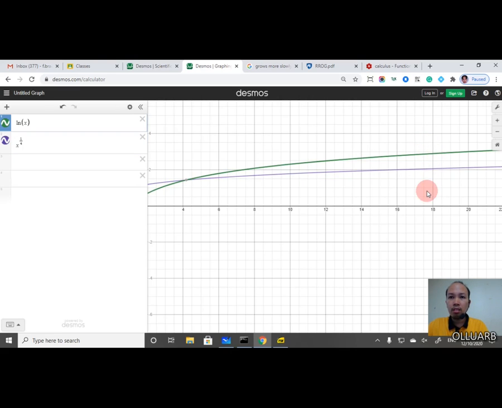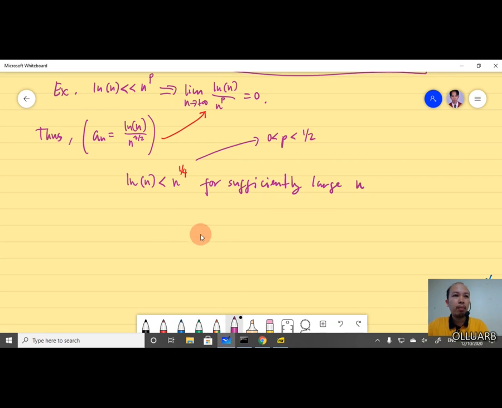So that's basically what we mean by f of x grows faster or slower than g of x. This is true for sufficiently large n. When n is equal to 1 million, 1 billion, you can say that this is true.